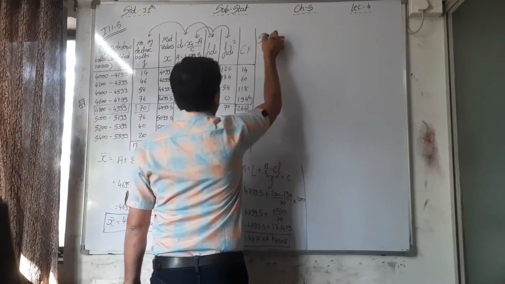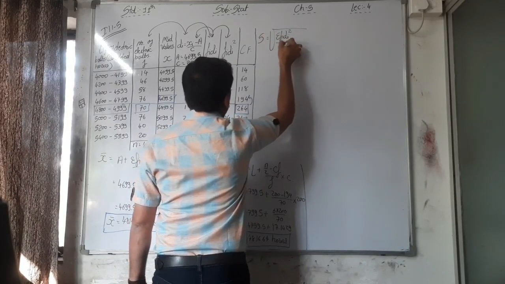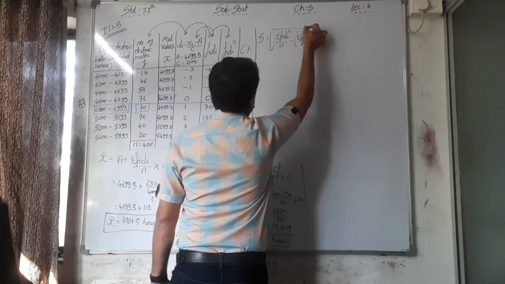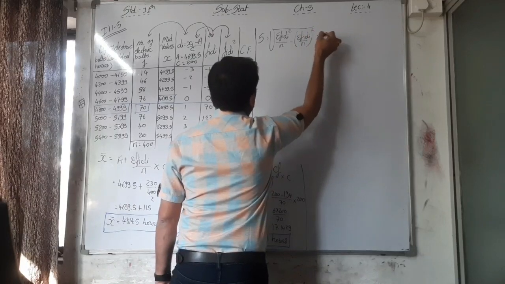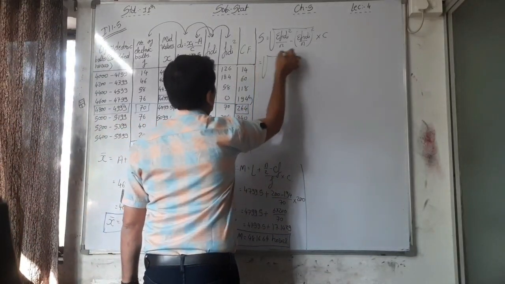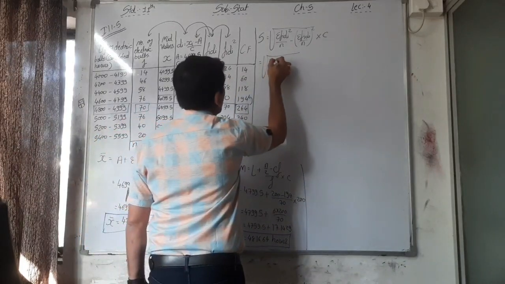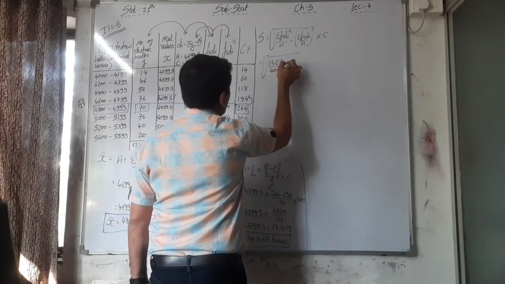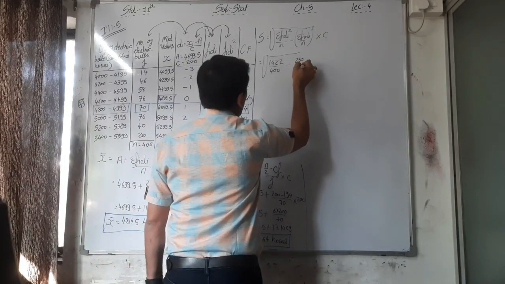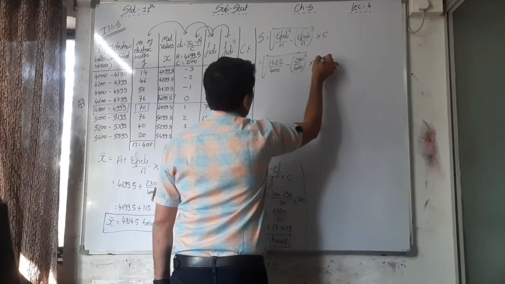So standard deviation, formula for that, shortcut method: square root of sigma fi di square upon n minus sigma fi di upon n all square, into C, is equal to sigma fi di square 1422 upon n 400 minus sigma fi di 230 upon 400 all square, into C 200.